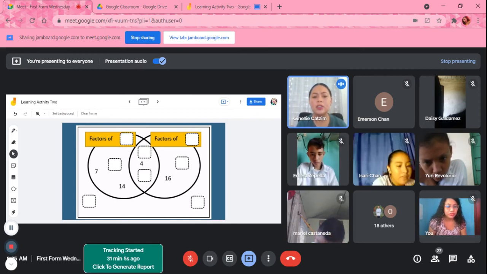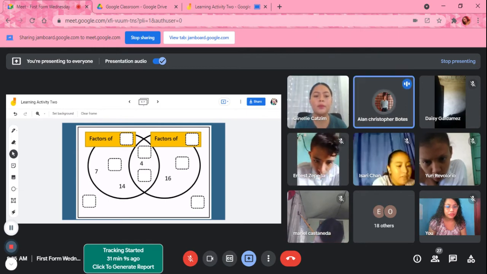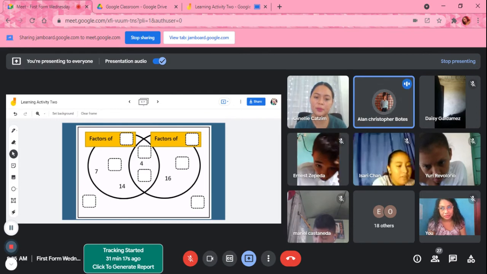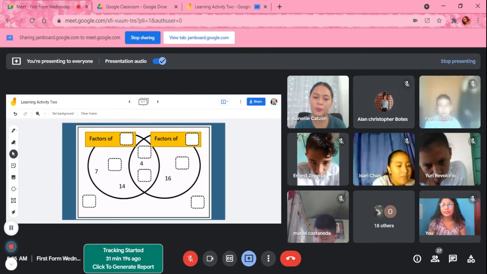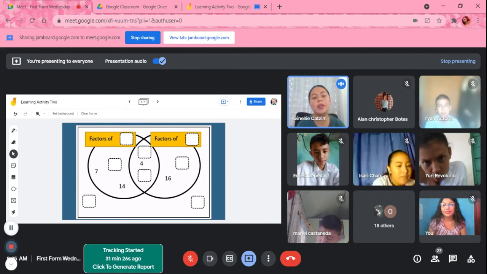But how could we assume which numbers are those? Well, the one that has 16, it should be 16 because you could divide 16 by 8. Okay, that's good. So we have 3 spaces there, right?